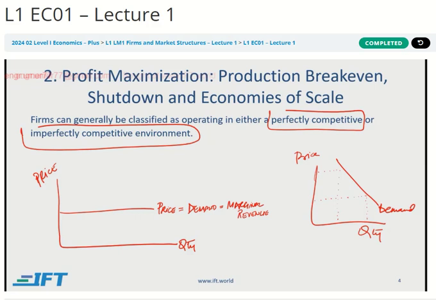So the extreme of this imperfect competition is obviously monopoly, where there is absolutely no other competition, because a monopoly is just a single firm which is alone in that industry, and nobody else is there to give them any competition, and they can charge whatever price they want.